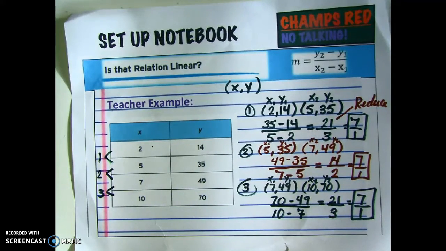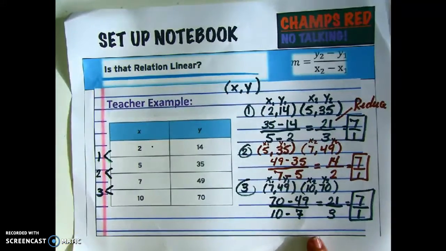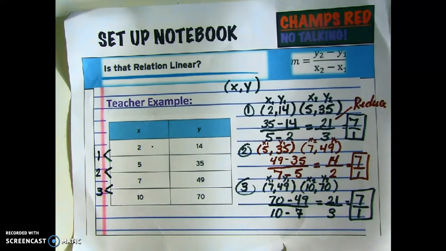If I look to the right, I can see all the checks come out as the same rate of change as 7 over 1.